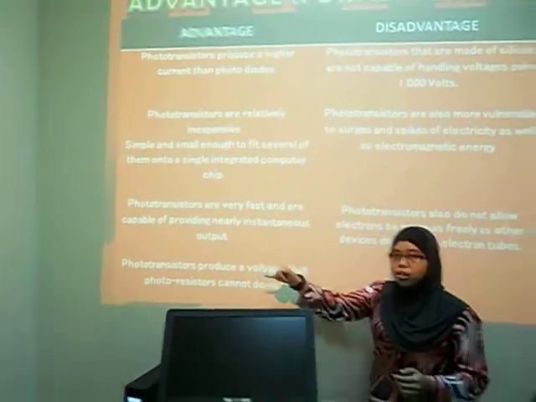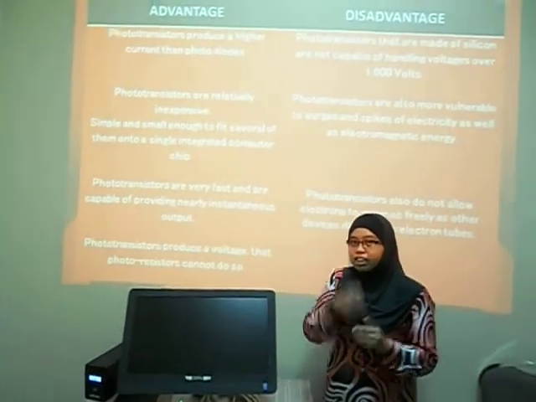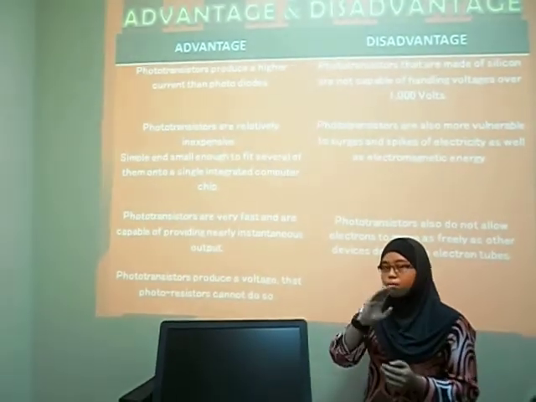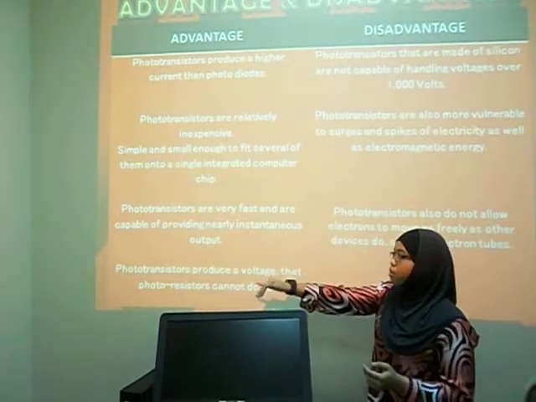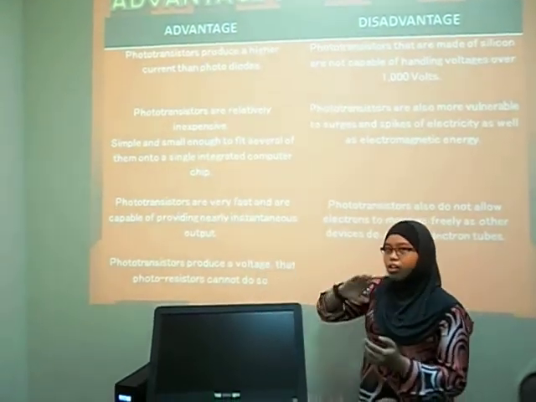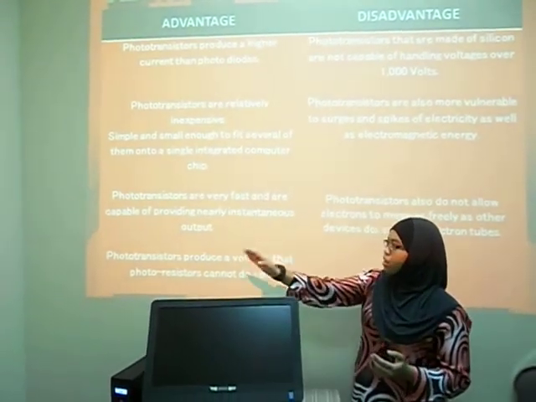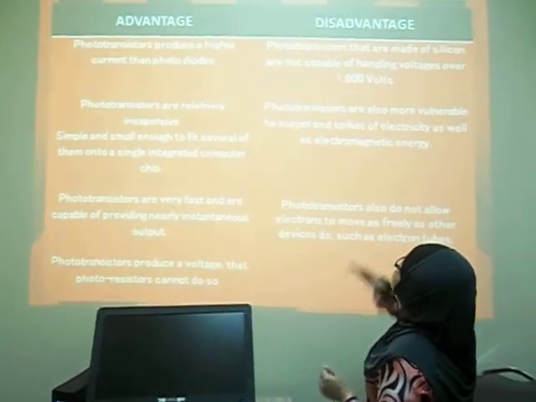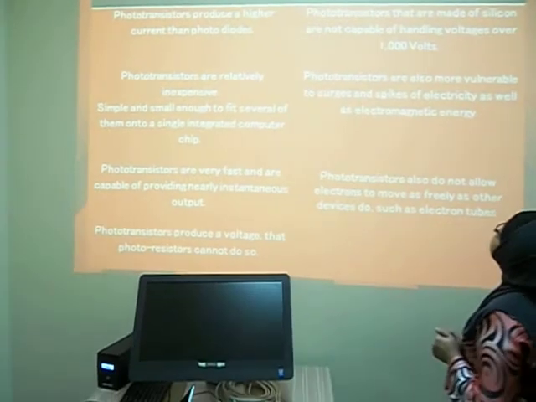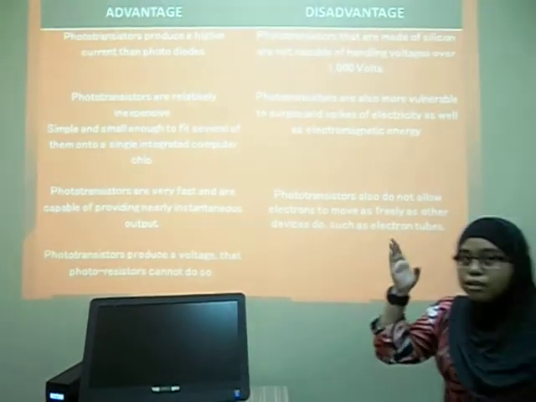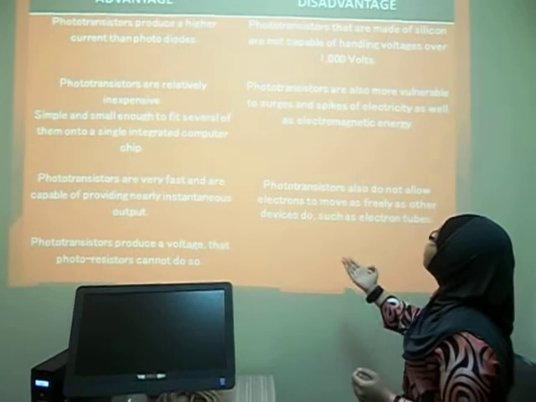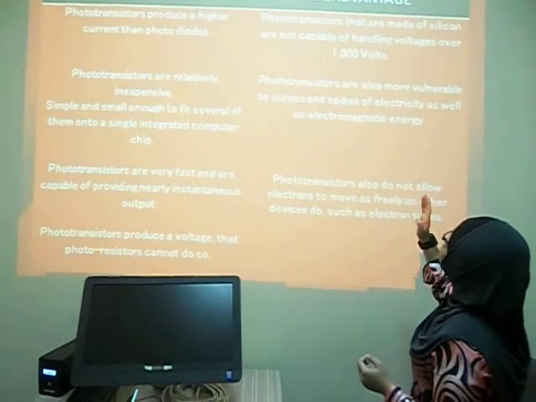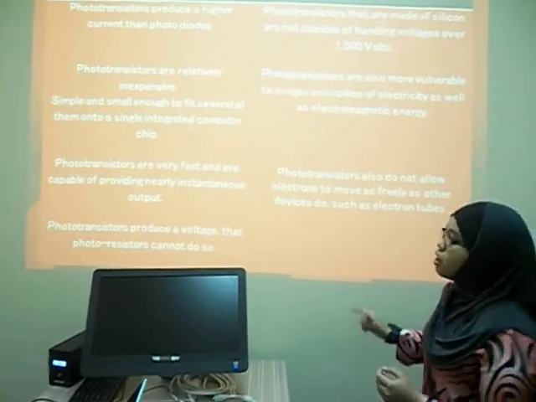Another photo sensor is the photoresistor. The photoresistor cannot produce voltage, but the phototransistor can produce voltage. Next, the advantage is that the phototransistor is made of silicon and capable of handling voltage up to 1 kilovolt.